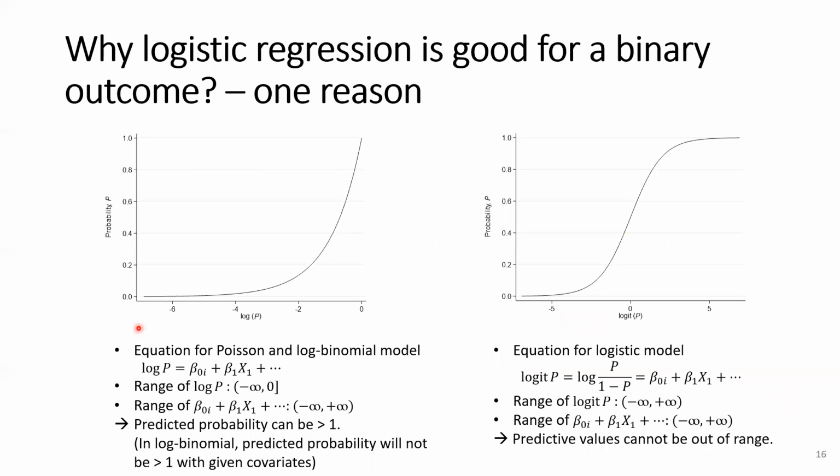And this comes to what Uriel mentioned. So why do we use logistic regression? Why is logistic regression good for binary outcome? One reason is as follows. This is the equation for the Poisson or log binomial model.